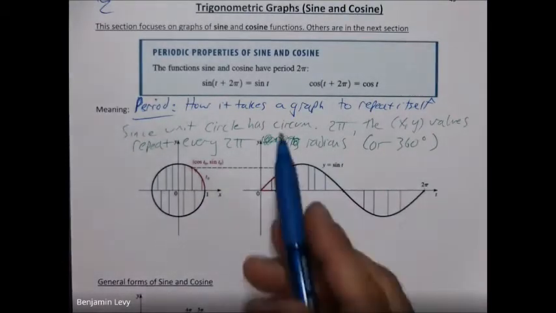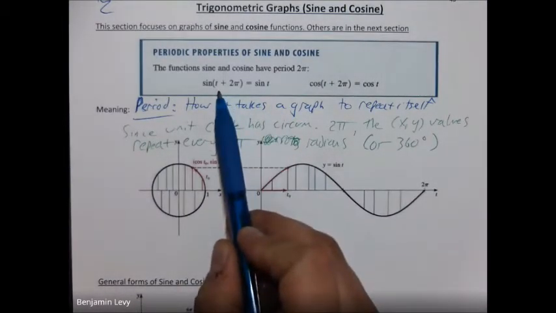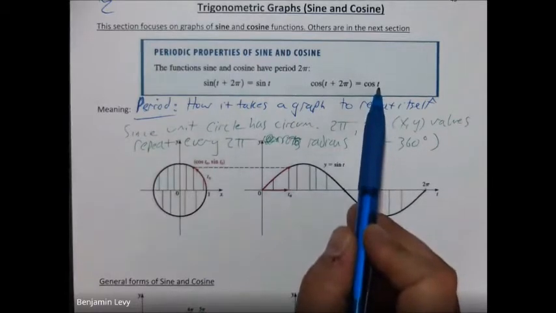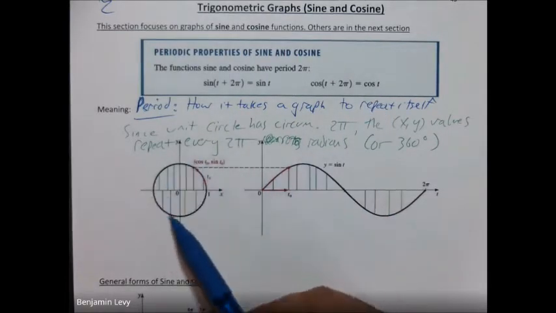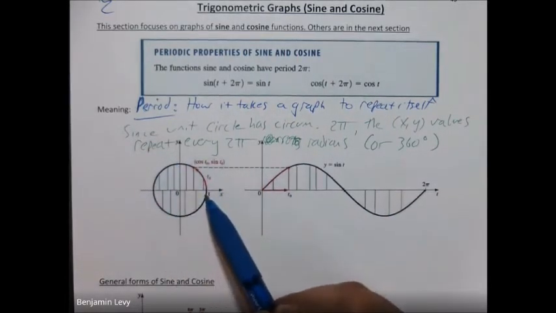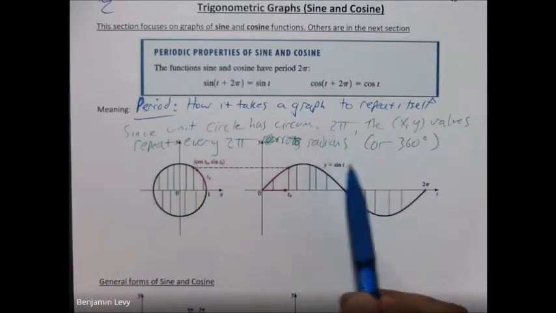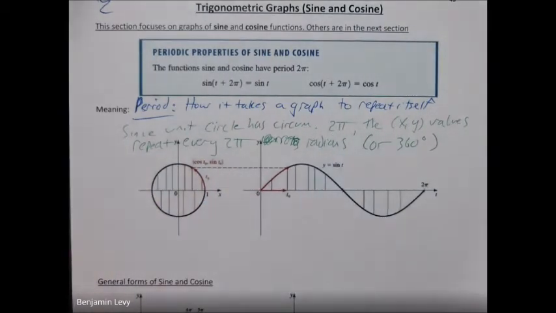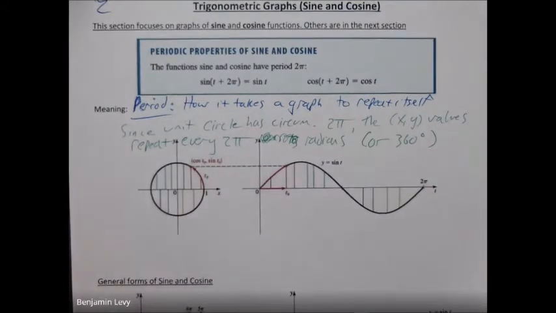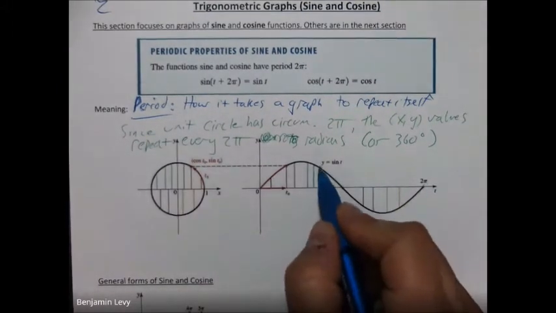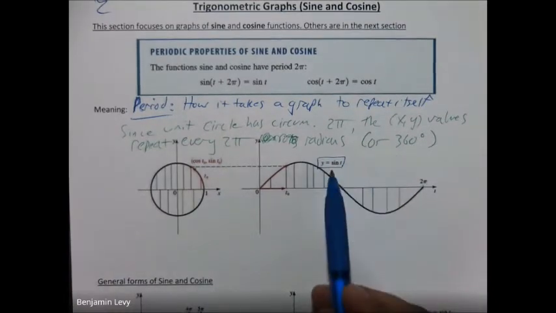Right? And so sine is the y value on the unit circle. Cosine is the x value on the unit circle. And since those values are going to repeat themselves every time we go around, in other words, every 2 pi, that's why these graphs have period 2 pi. And so as we start to dissect this first graph, which we can see is the graph of sine, we're going to look at sine first.